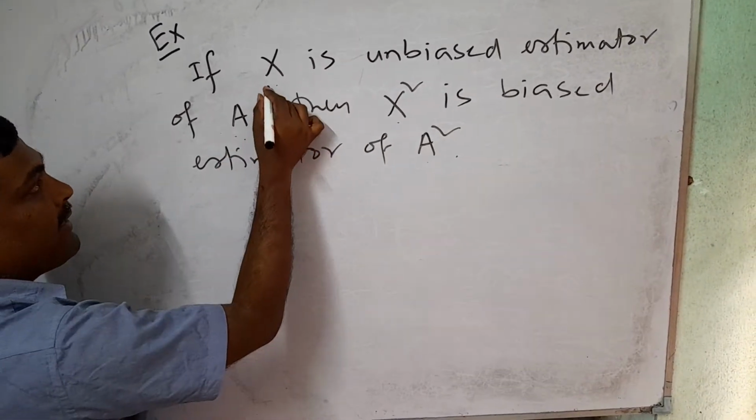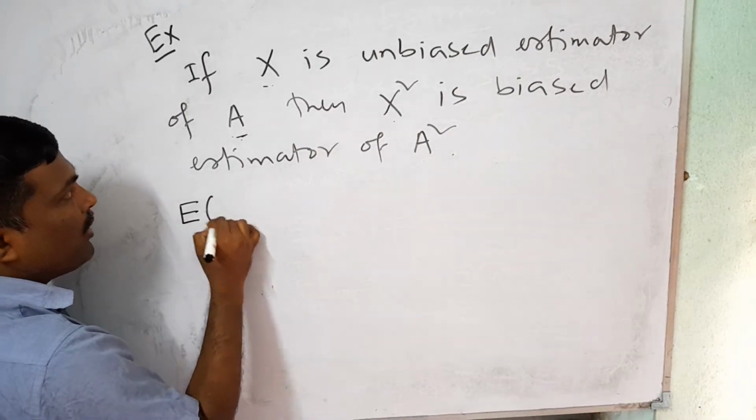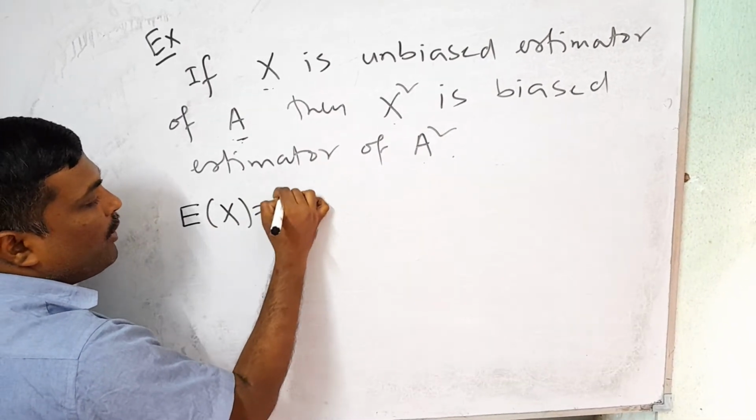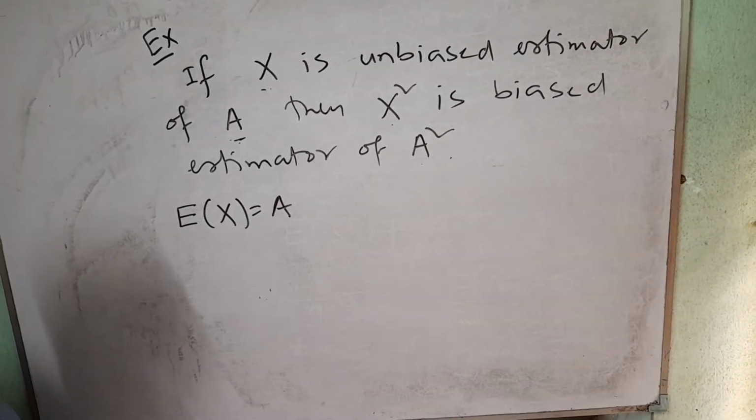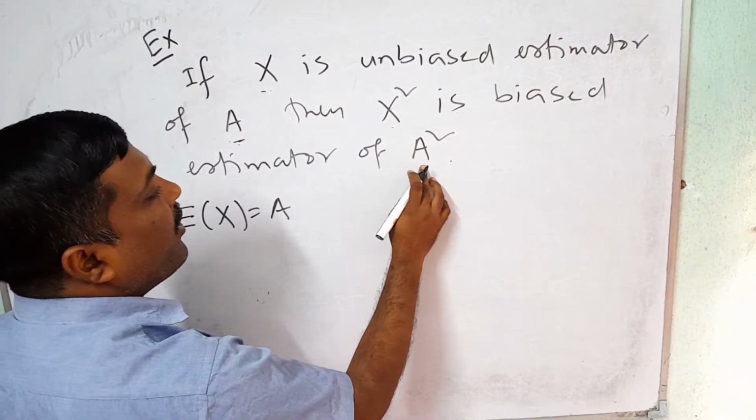X is an unbiased estimator of A, so E of x equals A. The question is to prove that x square is a biased estimator of A square.